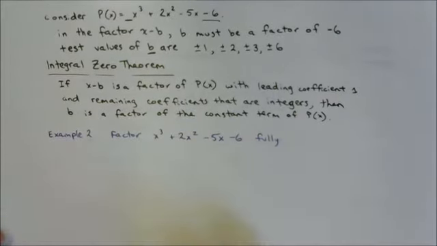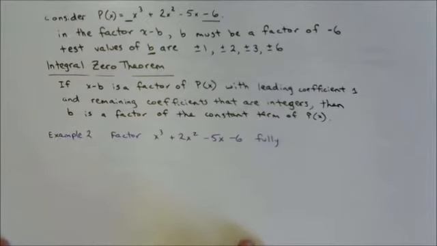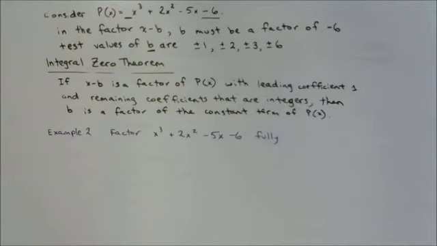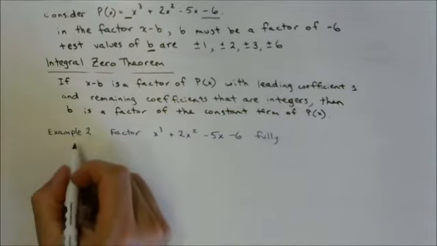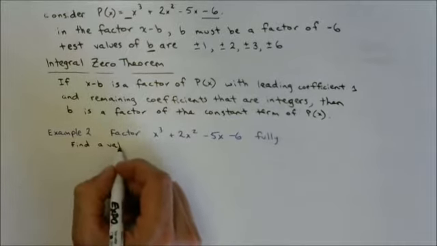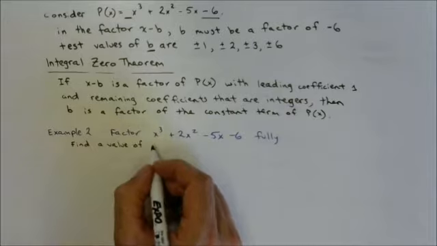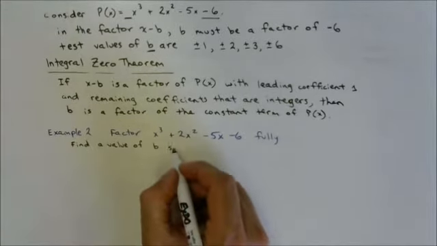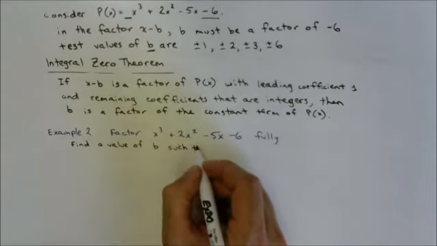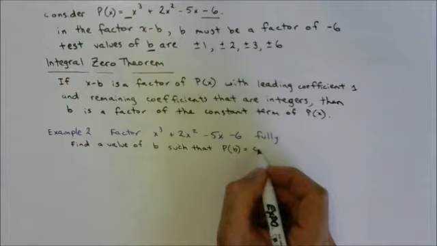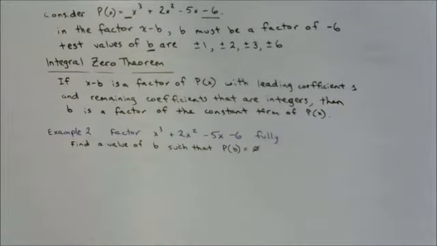We have to find our own factor to start with. So what we're going to do is find a value of b such that p of b equals 0. That's our goal, right?